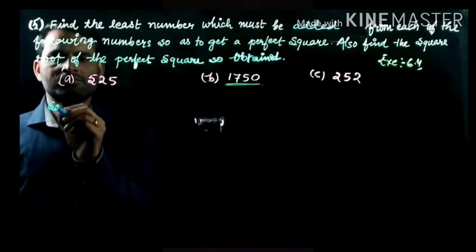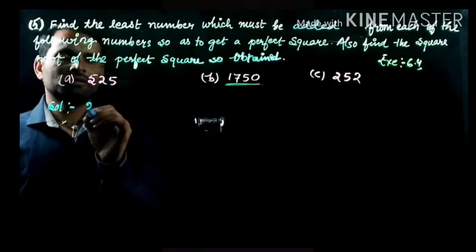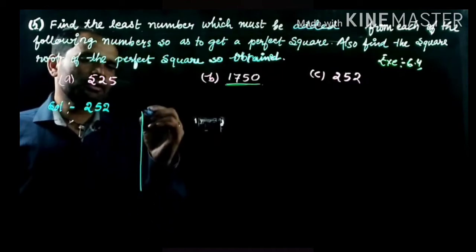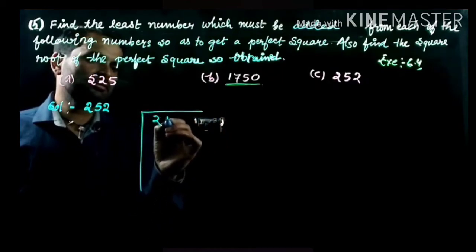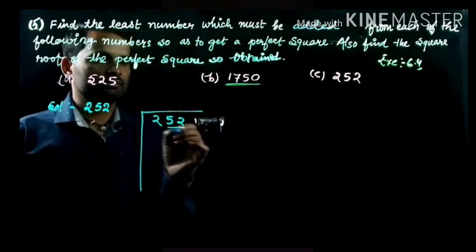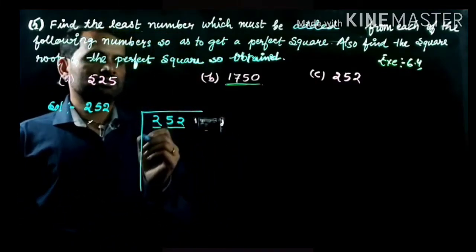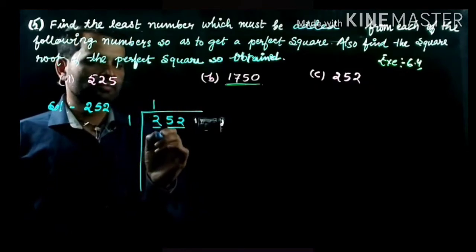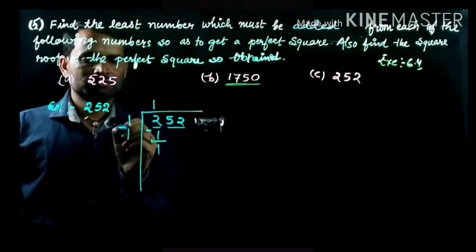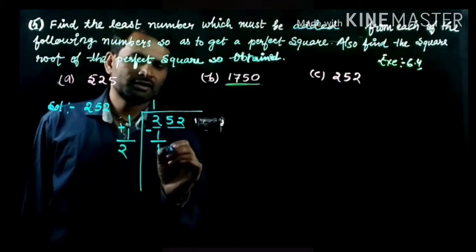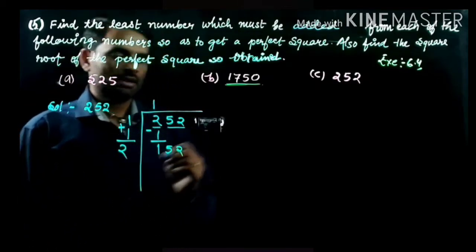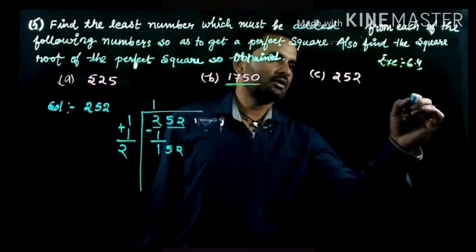The solution is, the number is 252, and first you find a square root by the division method. You write 252. Okay, and first make a pair. Okay, and first, 1 time 1 is 1, after subtraction it is 0, and add the 1, it is 2, and the second pair is 52. Okay, and here write the 21.